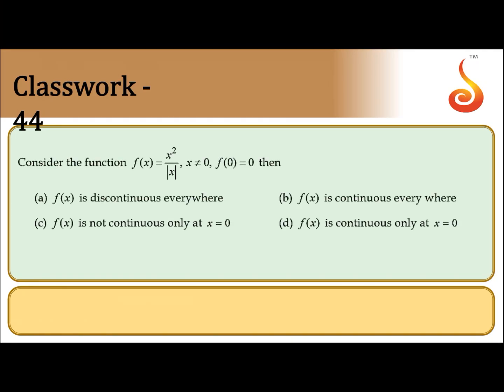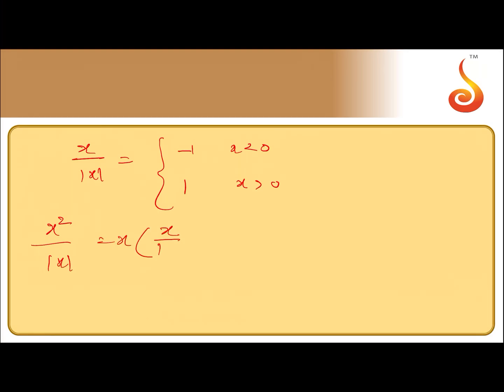Coming to the next one, 44. Consider the function f of x is equal to x square by modulus of x. Clearly you could see x by mod x. We know x divided by mod x is equal to minus 1 when x is less than 0, and plus 1 when x is greater than 0. And x square by mod x is x multiplied by x by modulus of x.